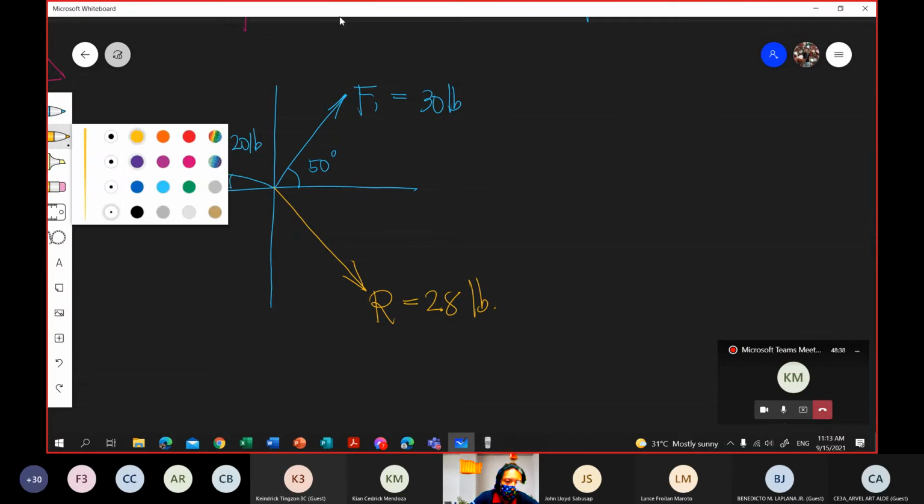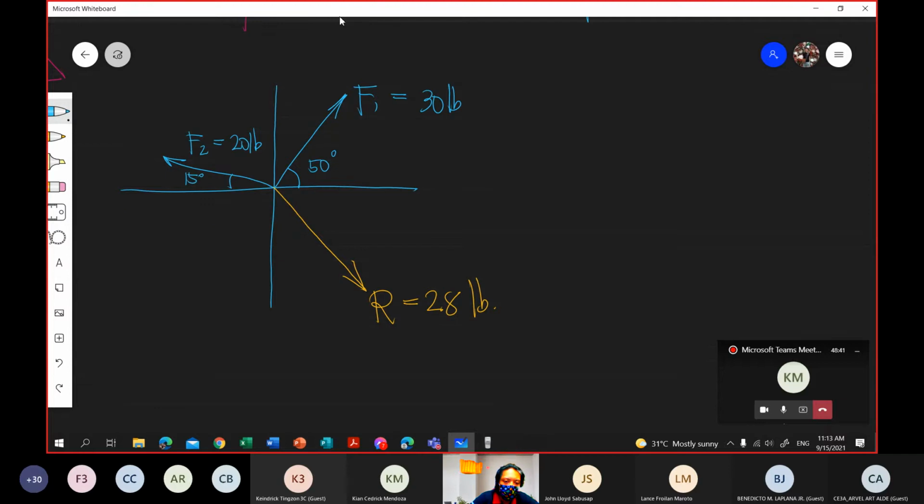Then suppose we have one more force, F3. But for F3, we don't know the magnitude and we don't know the direction. Only that we have the resultant. Let's say its direction is 45 degrees.